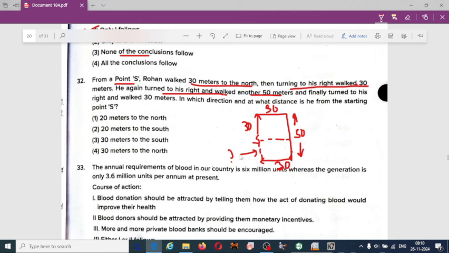So then we have to subtract here 50 minus 30, this is the difference. This is total 50 kilometers and here they have given the 30 kilometers. 50 minus 30 how much? 20 kilometers. So this is the 20 kilometers. He is moving upward, which is north, so downward is south. So option 2 is correct, 20 meters to the south.